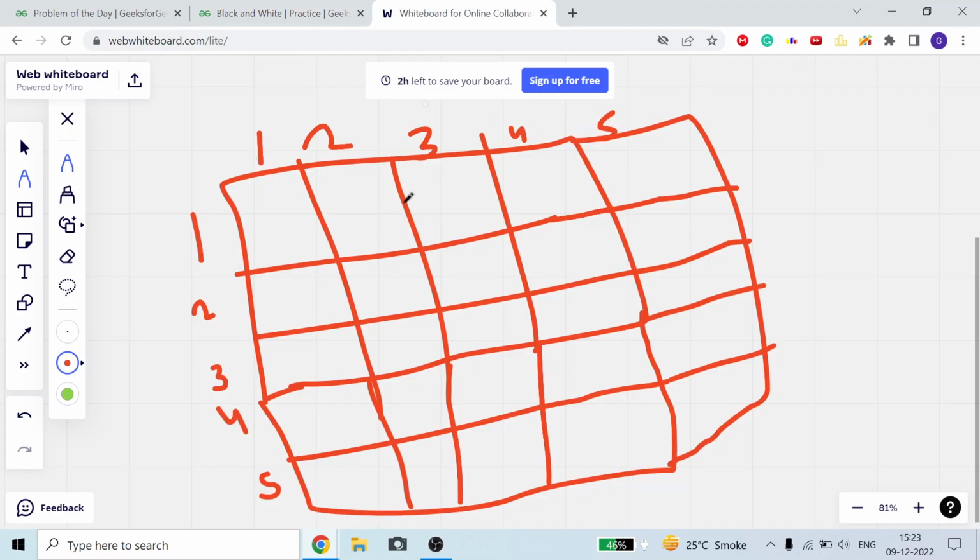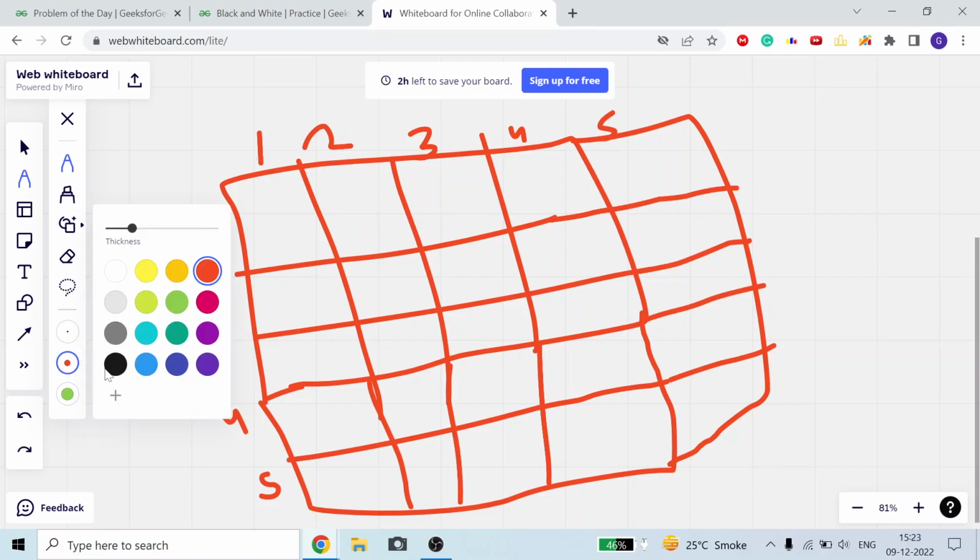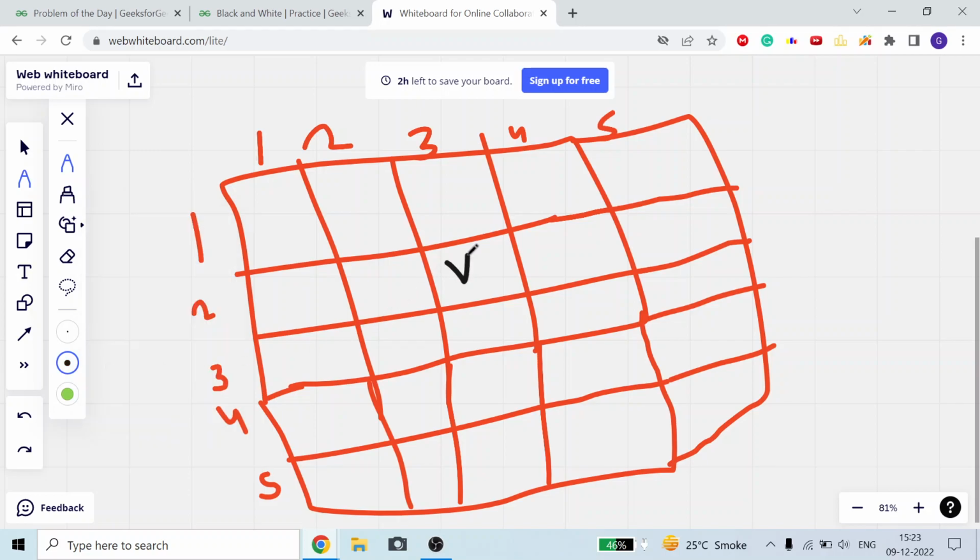So what we can do is, for each cell we can check: if we put the black knight here, then how many valid cells do we have in which we can put the white one. For each of the n into m cells, we put the black knight one by one, because we have to put only two knights, one black and one white.